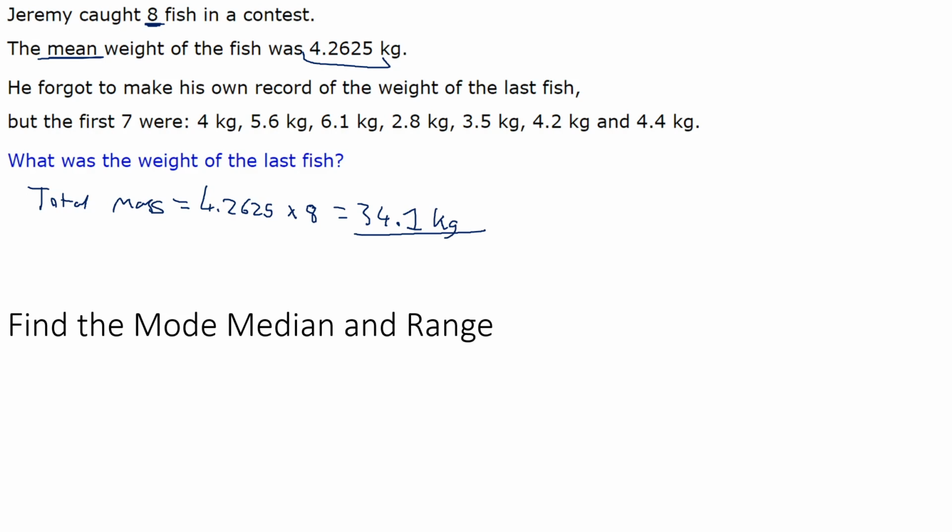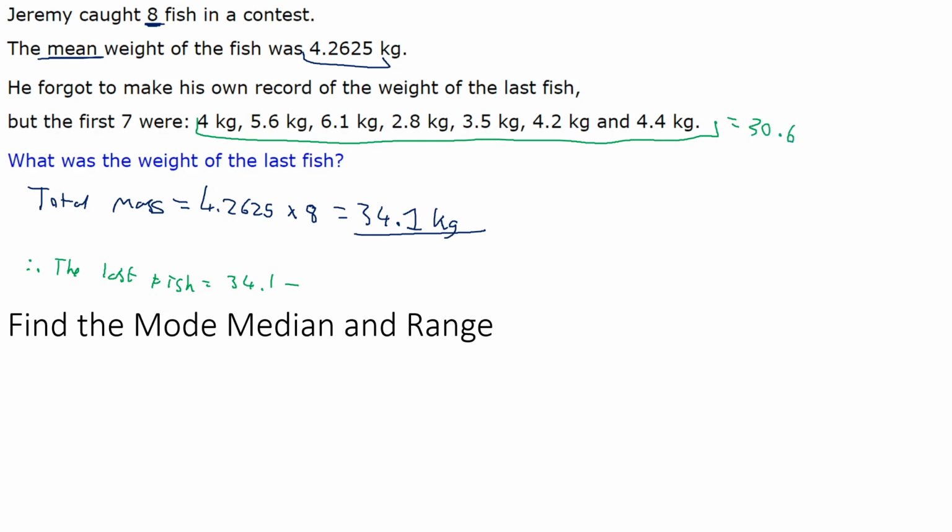How much does that last fish weigh? Well, this is what all the other fish weigh. So therefore, the last fish is just going to be 34.1 minus all of this. If we add all these together, we get 4 plus 5.6 plus 6.1 plus 2.8 plus 3.5 plus 4.2 plus 4.4, which is the same as 30.6.